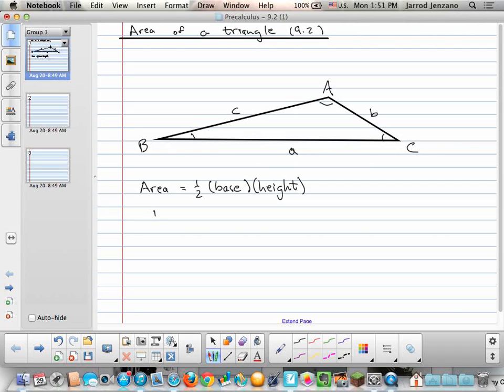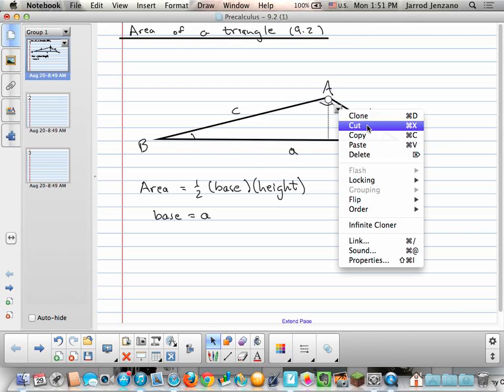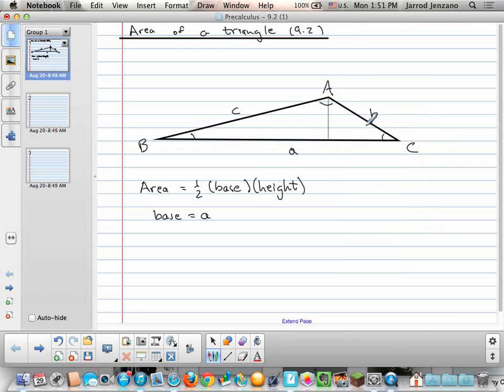We could call any of them the base, and whatever we call the base will determine what we call the height. With A as the base, the height is this. If I drop a perpendicular, or drop a perp, as I like to say, now I have a right triangle, and I'm going to call this H.